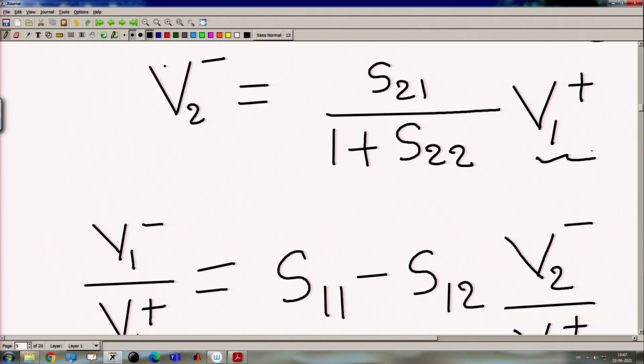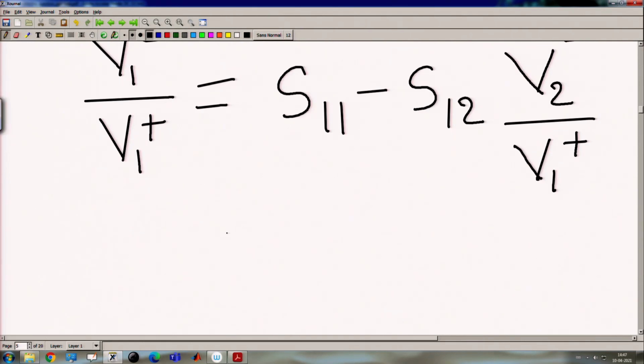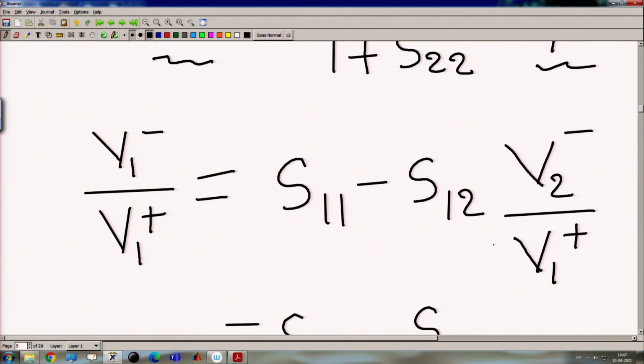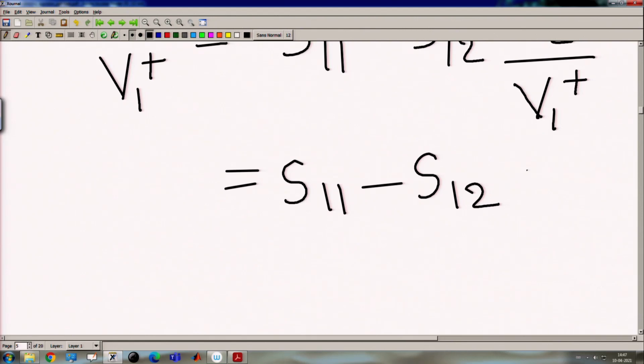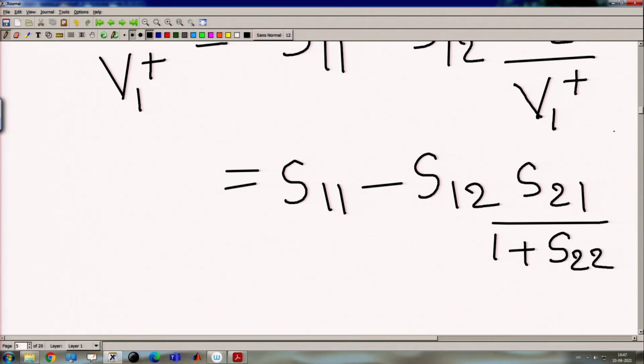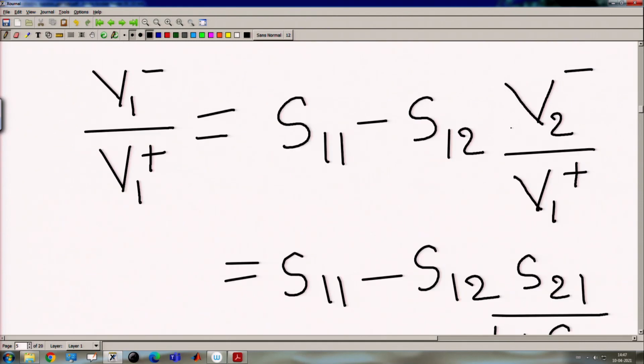From the previous part, V2 minus divided by V1 plus gives S21 divided by 1 plus S22. So, we can write S11 minus S12 into S21 divided by 1 plus S22, and this is V1 minus divided by V1 plus.